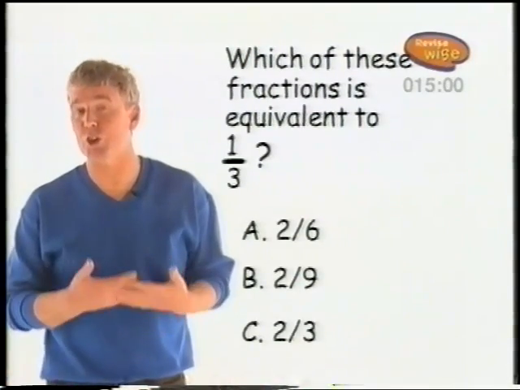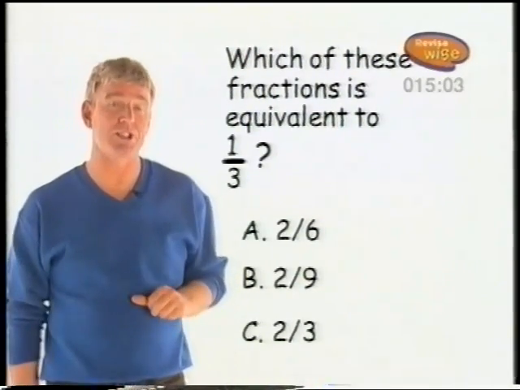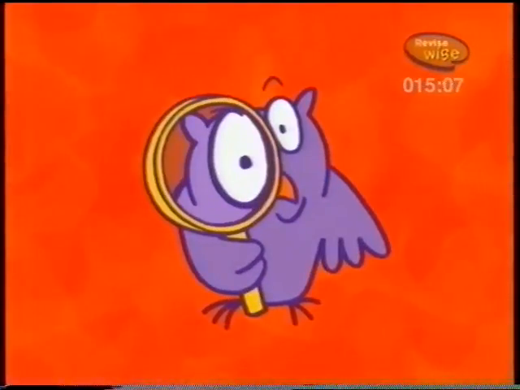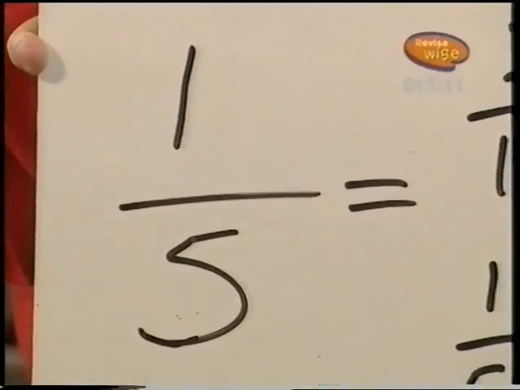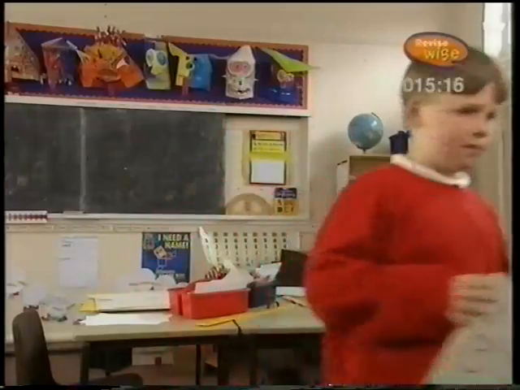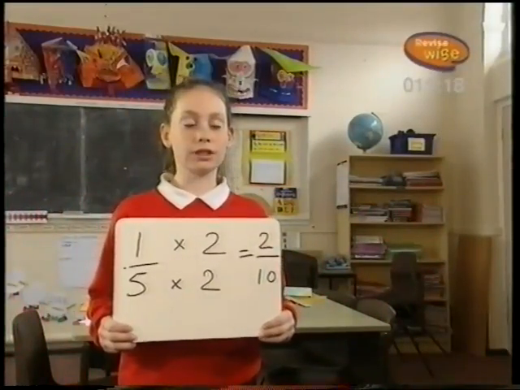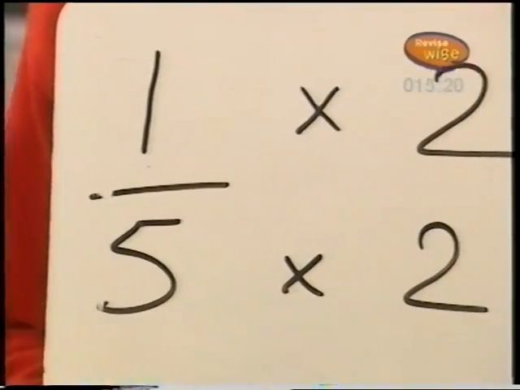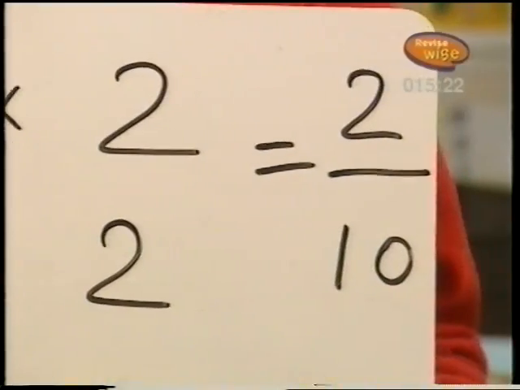Don't worry if you're not sure of the answer. Here's the maths team with some clues. Equivalent fractions are the ones that are written differently but have the same value. You can multiply or divide the denominator and numerator by the same number to get an equivalent fraction.